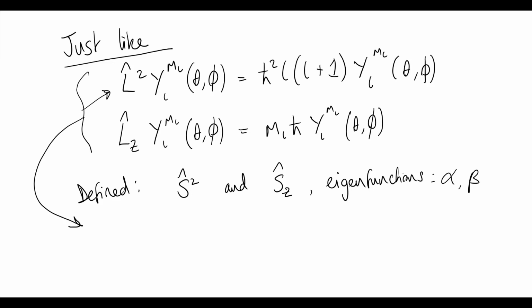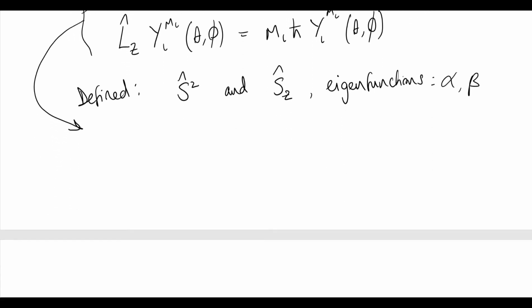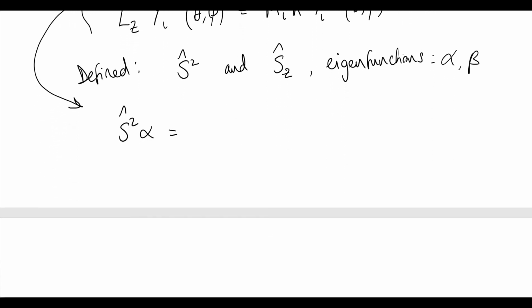Let's think about now the spin angular momentum, this quantum number that's just been introduced for the electrons themselves. So we have some familiar looking expressions. This is lowercase s, and we also have the same essential equation, but now in terms of alpha and beta.